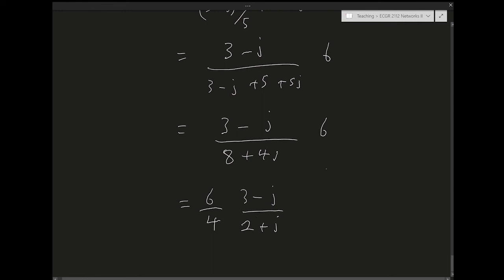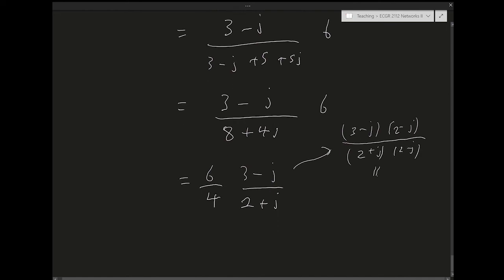What is this? This is going to be 3 minus j, 2 minus j over 2 plus j, 2 minus j. So the denominator is going to be 4 plus 1, again 2 squared plus 1 squared, which is 5.